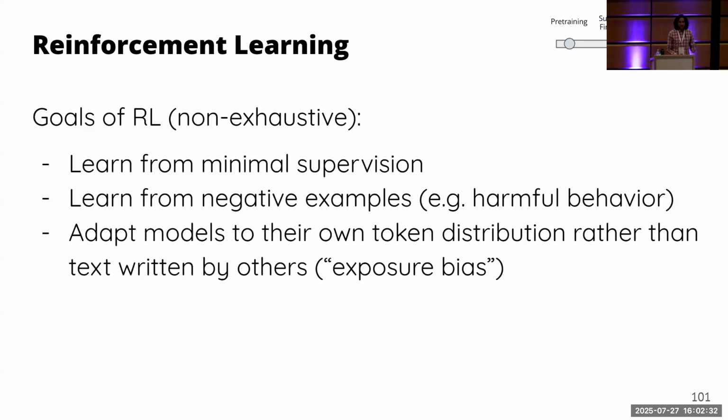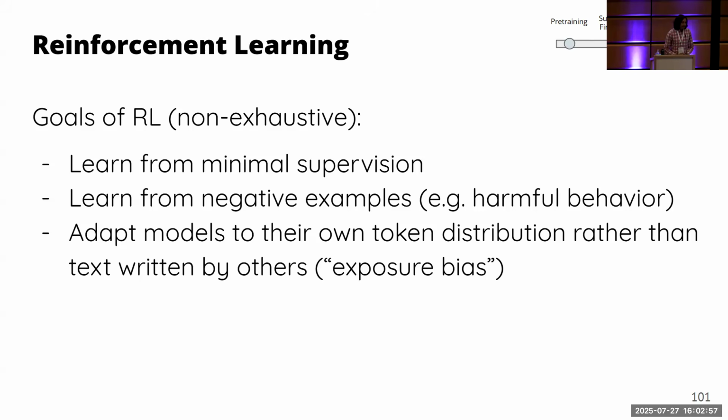And so first, let's think from a high level, why do we do RL? The goals of RL are, one, to learn from minimal supervision. It's often easier to rate a response than it is to generate that response. Another is that SFT only learns from what you should do, but what if you have examples of what you should not do?